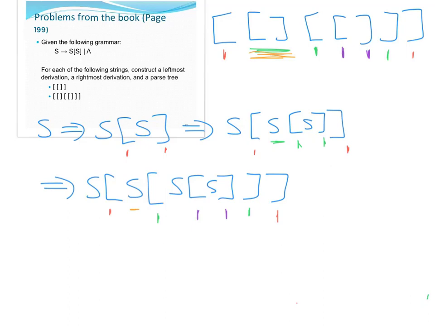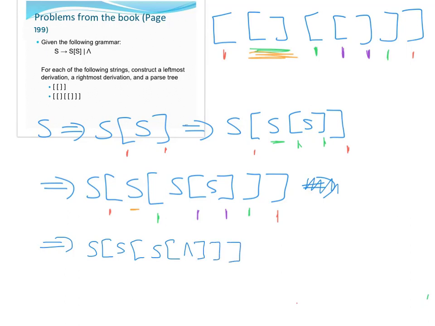Okay. So again, we're doing a rightmost derivation. So we need to expand this S. We will expand that one just into a lambda now, because that's kind of done. So that's going to go to, actually, let's go to the next line. Start writing smaller. It's going to go to S bracket, S bracket, S bracket, lambda, bracket, bracket, bracket.